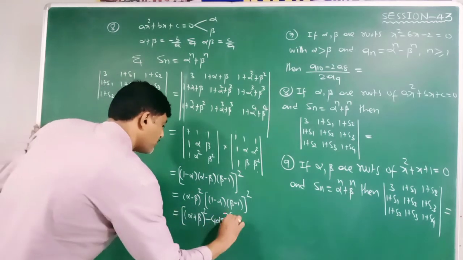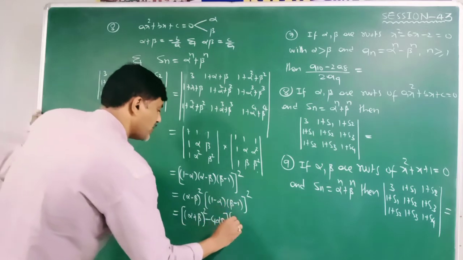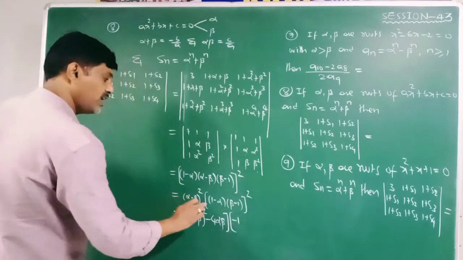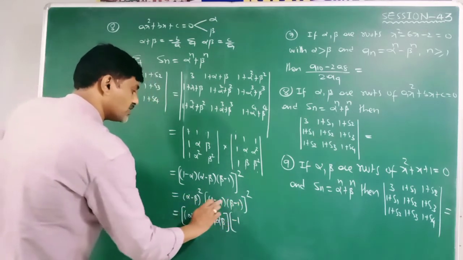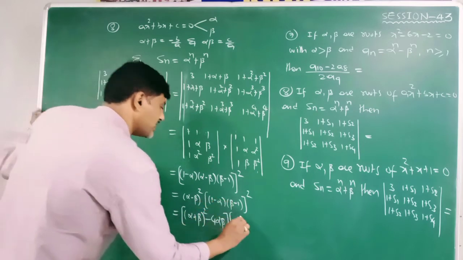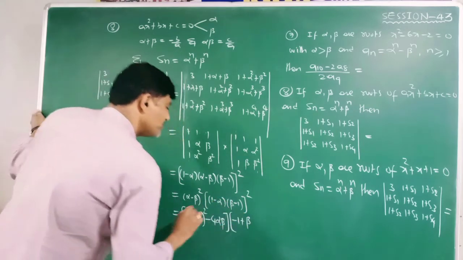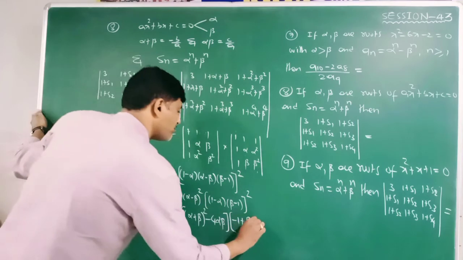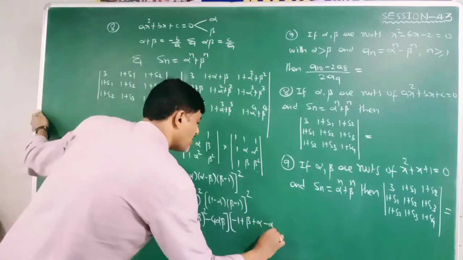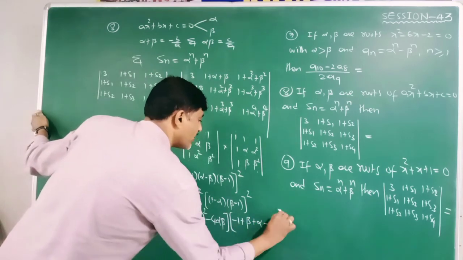Now multiply the other expression: 1 into minus 1, 1 into beta, then minus into minus plus alpha, minus alpha beta, whole square.